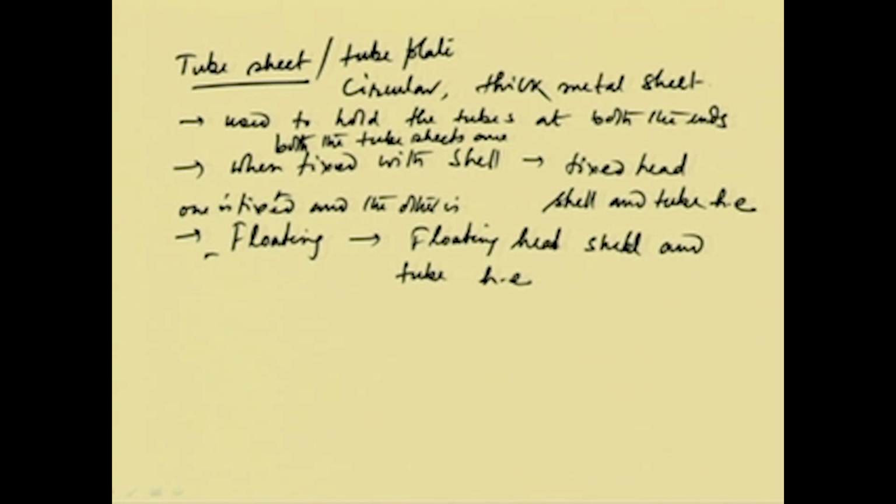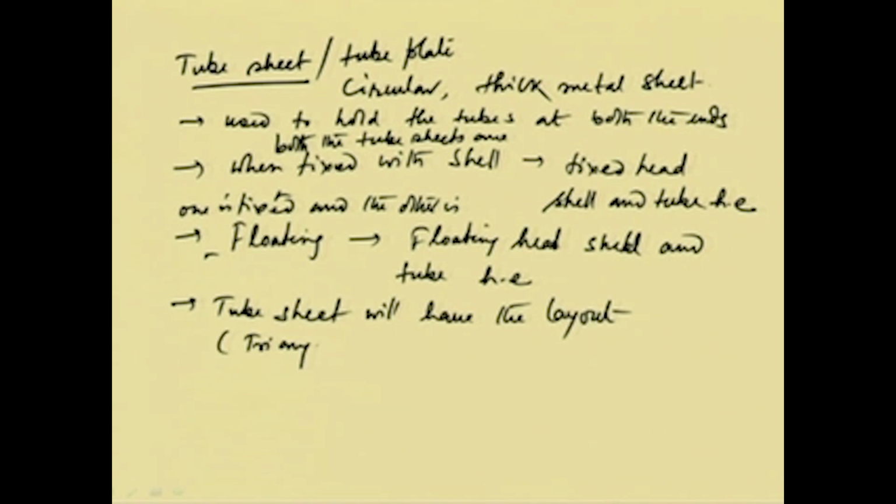Okay. Now, the tube seat also will have the layout. Layout means either triangular pitch or square pitch. The tube seat should have the layout, and accordingly the tubes will be inserted into that. Okay. And then the next part is that the floating head is used, one side is made floating.